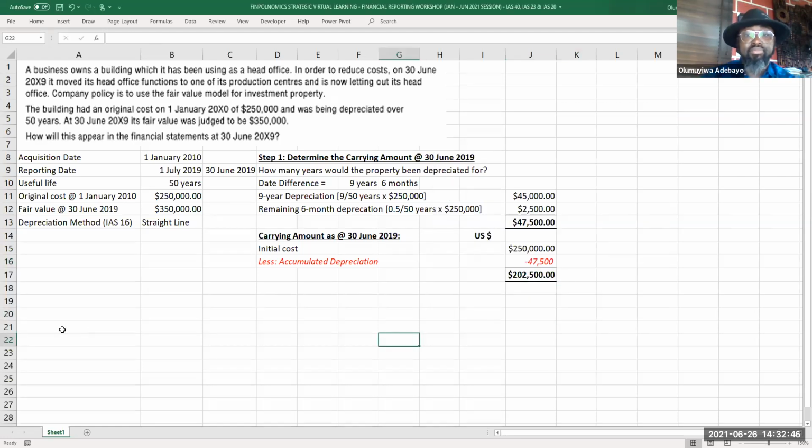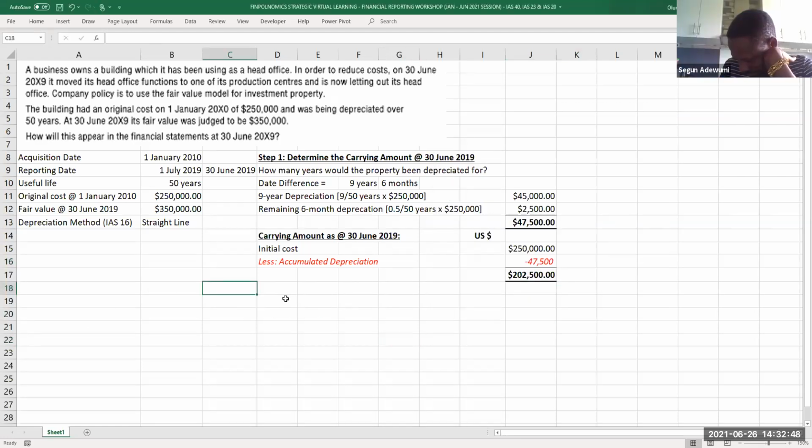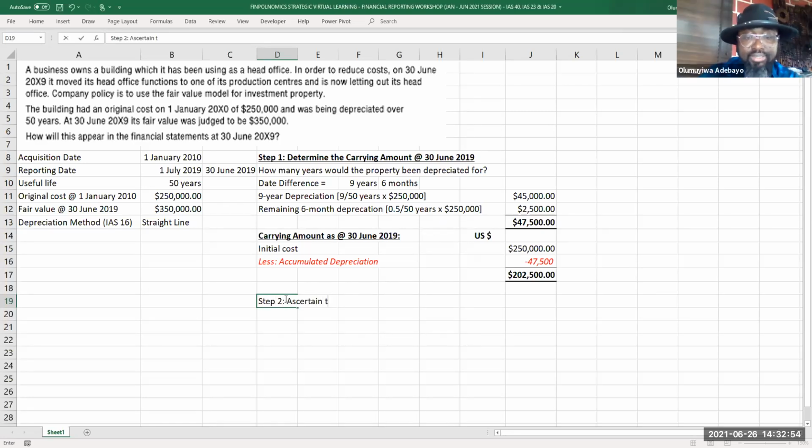Okay. That is that. Now, step 2 is to ascertain the gain on revaluation of the investment property, because now we are changing the use to investment property, away from owner-occupied property.